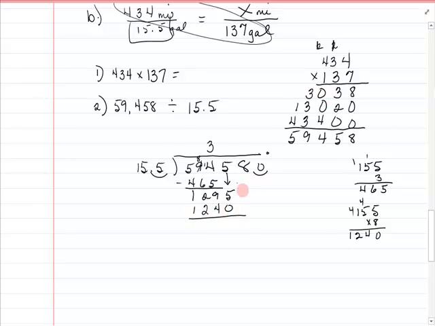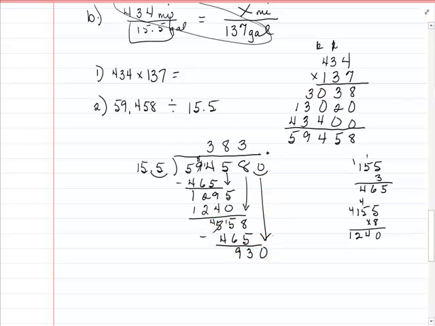1240. 5, bring down the 8. It's going to go in there 3 times again. I already have it here. All right, so that was my 8. Another 3. 3 times 155, I already did it, is 465. Subtract, that's a 3. That's a 9.